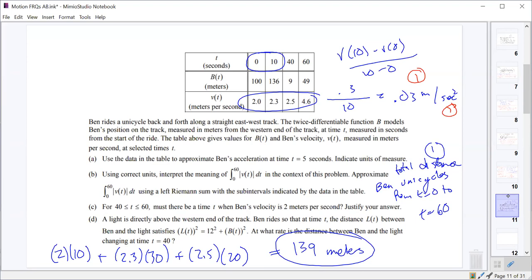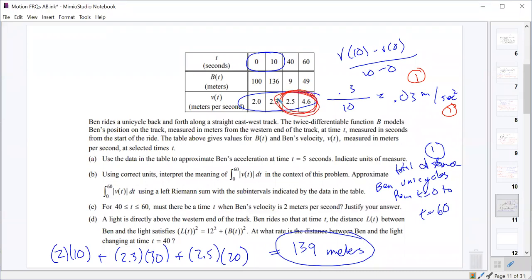Part C, we want to know for 40 to 60, is there a time when his velocity is 2 meters per second? So the first thing we might look at, there's a couple of different ways to go about this. There's only one way to go about it for this particular chart, but depending on what the chart looks like, there could be multiple ways. So first you could just look right here at his velocity.